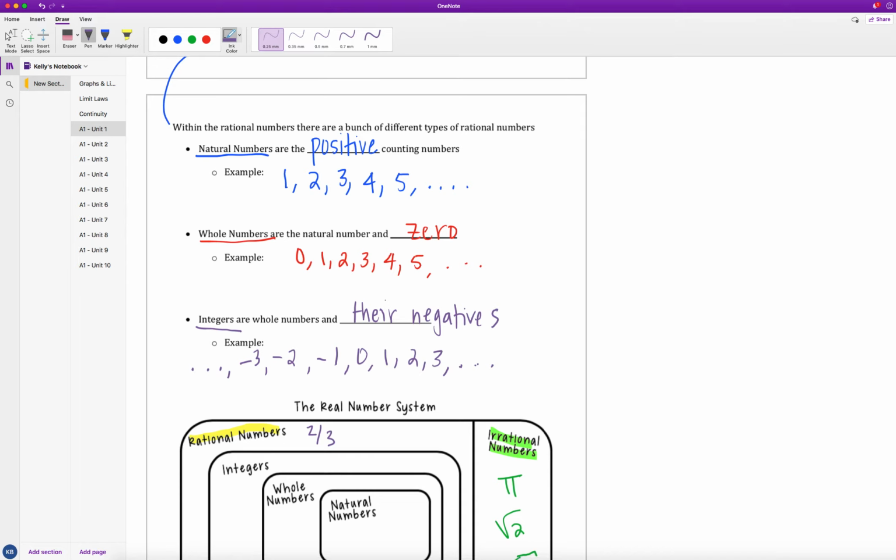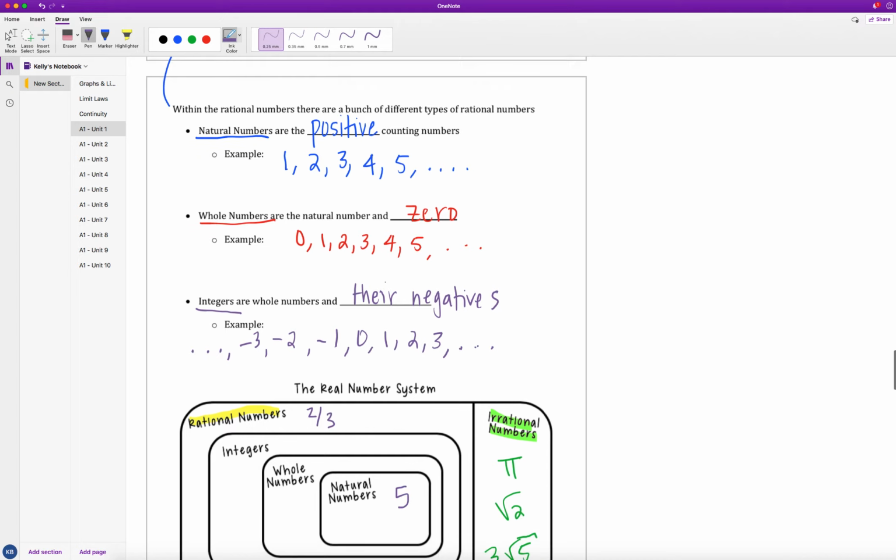It's also a whole number, and it is also a natural number. So I'm actually going to list 5 inside the natural numbers box because that is included inside the whole numbers, which is included inside of the integers, which is included inside of the rational numbers. So if I have a number that I can list all the way down into the natural numbers, it means that it's really all of the prior ones as well.